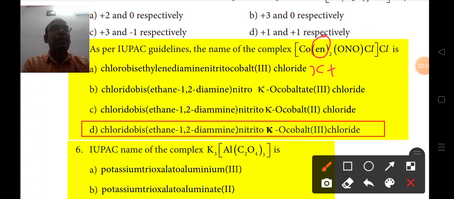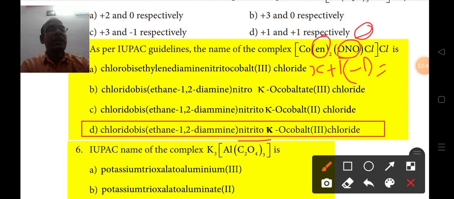Remaining NO2, that is nitrito, has a 1 minus charge. Therefore only 1 NO2 with 1 minus equals the net charge on the complex, plus 1. Likewise 1 chloride ion has a 1 minus. Put this side.